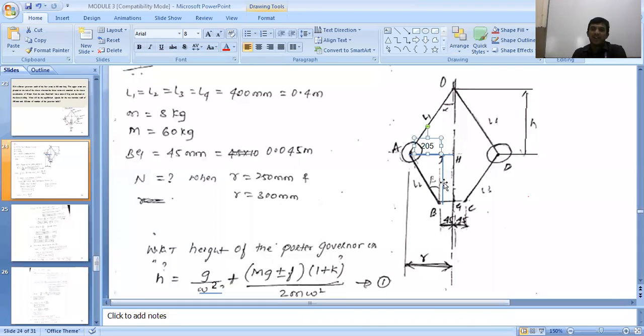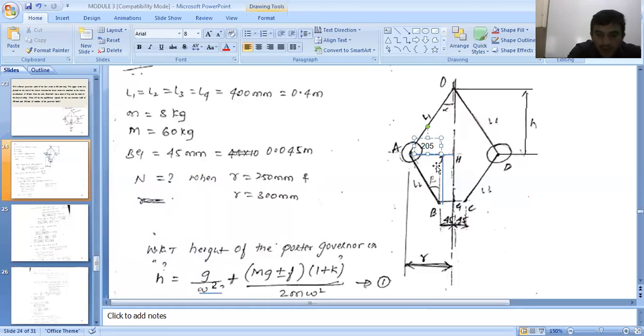Now what type of triangle is it? Please respond, otherwise if I keep on telling, you're not able to understand. How do you determine the BJ value? When the AB value you know, AB is 0.4 meter, AJ is 205 mm, which means 0.205 meter, right?